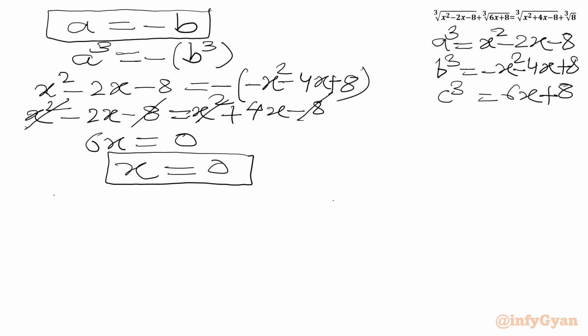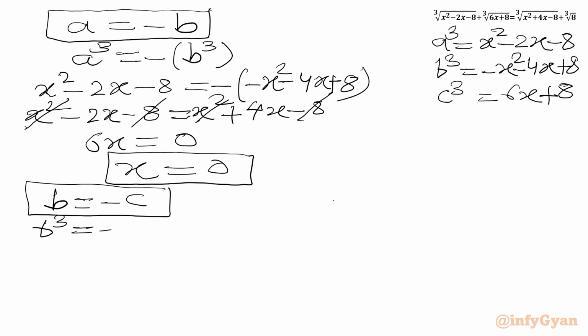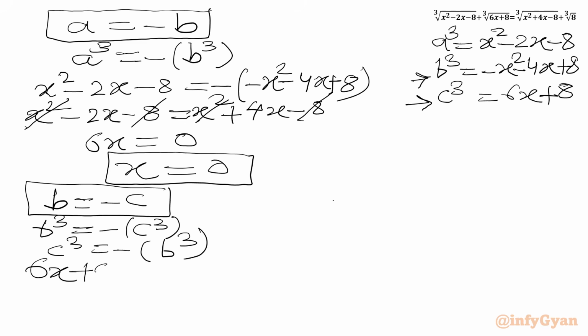Now we will consider b equal to minus c. Now I will be cubing both sides and write b cube equal to minus of c cube. Or we can write c cube will be equal to minus of b cube. Here we have b cube, here we have c cube. So I can write 6x plus 8.